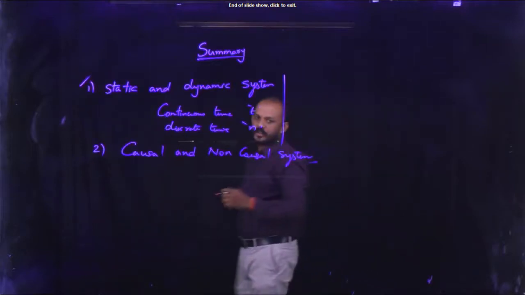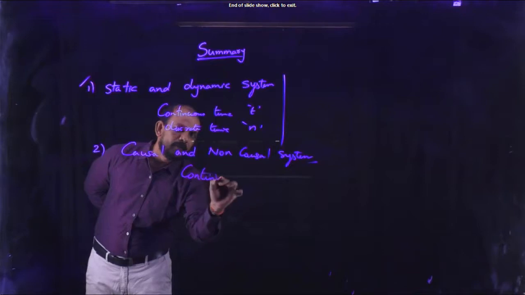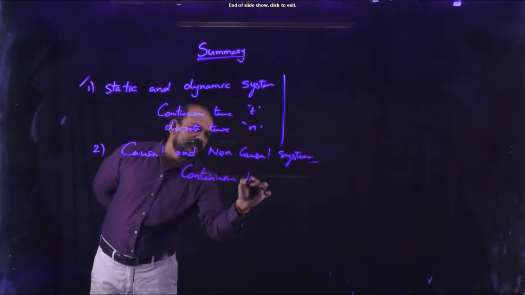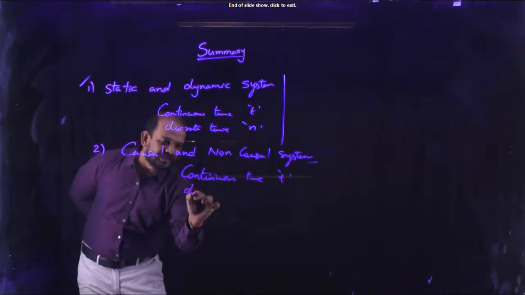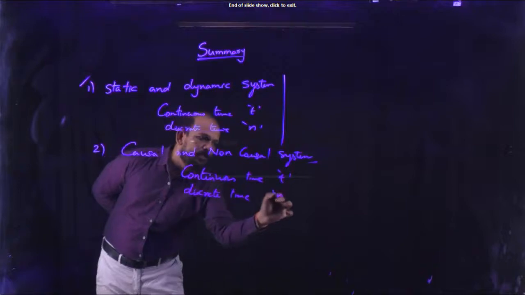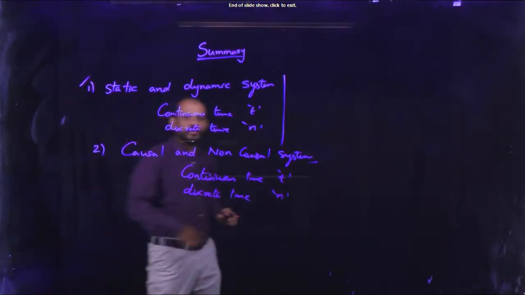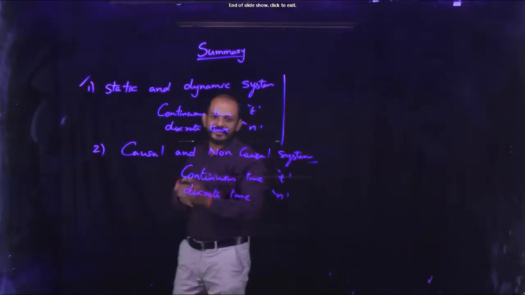Here also I explained with respect to continuous time variable, small t, and then I went to the discrete time variable, small n. That is, I explained causal and non-causal systems with respect to continuous time variable t and discrete time variable n.